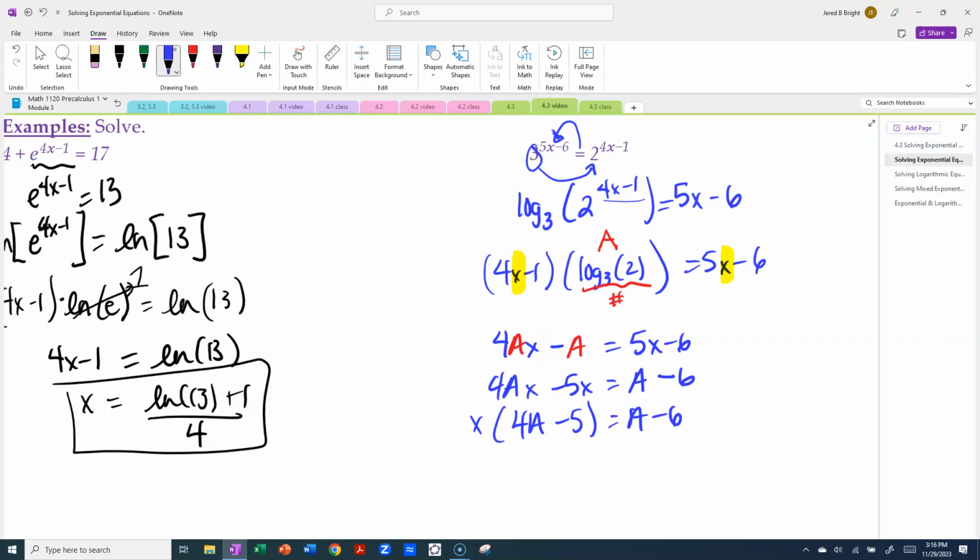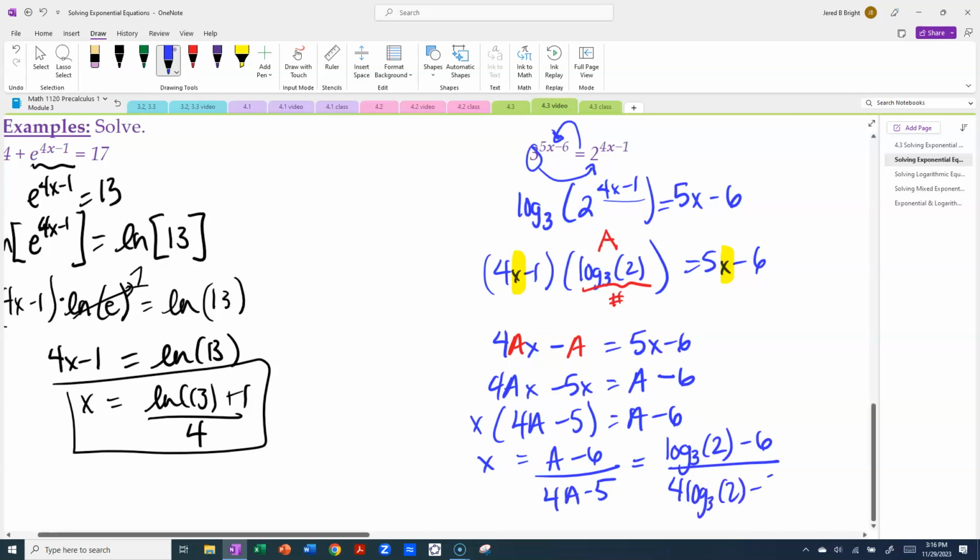And again, A is representing log base 3 of 2. And so then dividing here, I'd have A minus 6 over 4A minus 5. But really what that's saying is x equals log base 3 of 2 minus 6 over 4 log base 3 of 2 minus 5. And that would be my answer, okay?